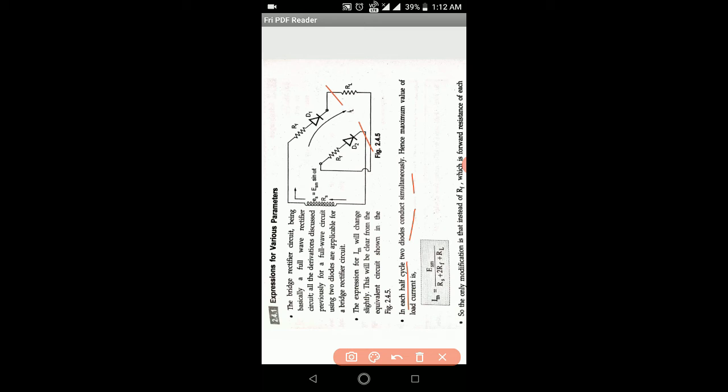Hence the maximum value of the load current is ESM upon RS plus 2RF plus RL, whereas for the full wave rectifier IM is equal to ESM upon RS plus RF plus RL. Here we use 2RF instead of RF because 2 diodes conduct in each cycle.